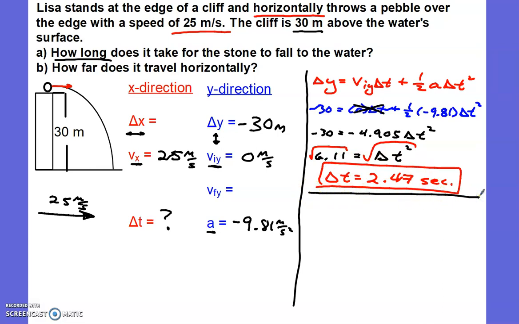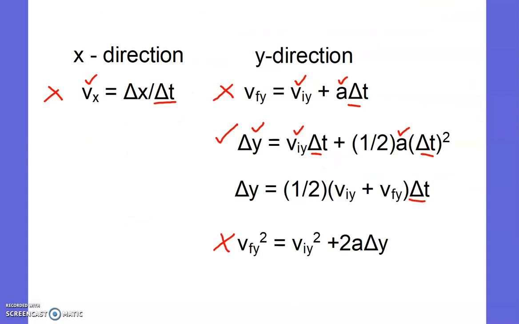That's part A. Now in part B, we want to know how far does it travel horizontally. How far is asking for a distance, so it's either an x or a y. Horizontally means that we're looking for x. So in letter B, we're looking for delta x. Going to our equations, we need an equation with delta x in it, and there is only one.